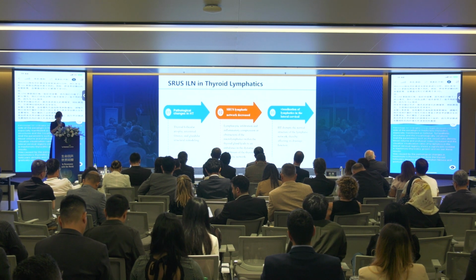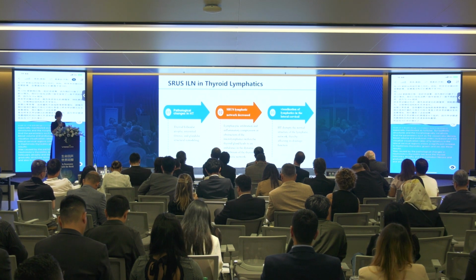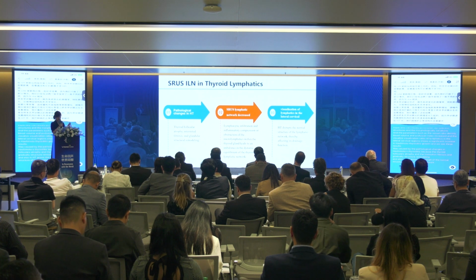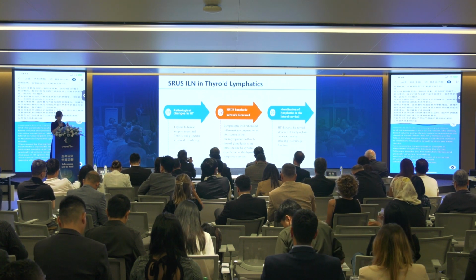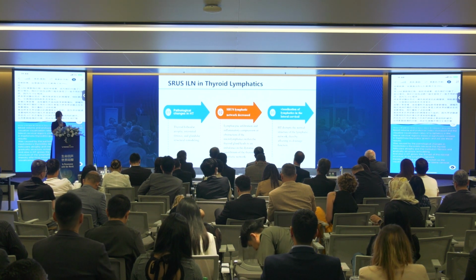And also in HT groups, the normal structure of the lymphatic network is disrupted, thereby affecting its drainage function. So the visualization rates of lymphatics in the lateral cervical region are different from the normal one.